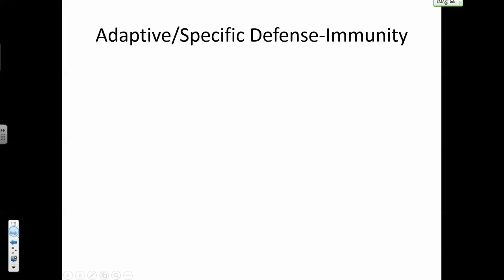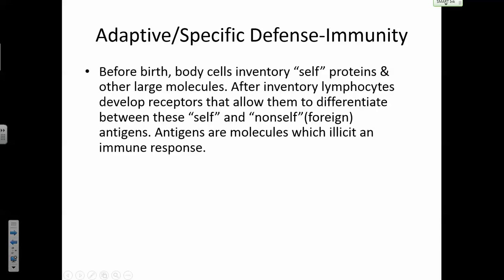The rest of what we do in this chapter deals with these adaptive defenses, which is also referred to as immunity. I talked a little bit about this just prior to discussing the blood types, the antigens and the antibodies, but I want to review it a little bit. Before you're born, when your first little immune system is developing, your lymphocytes learn to recognize the molecules that are of you, the molecules on the surfaces of your cell membranes.